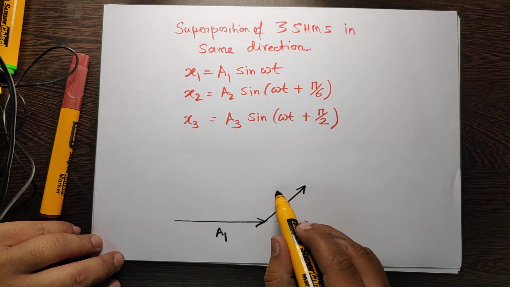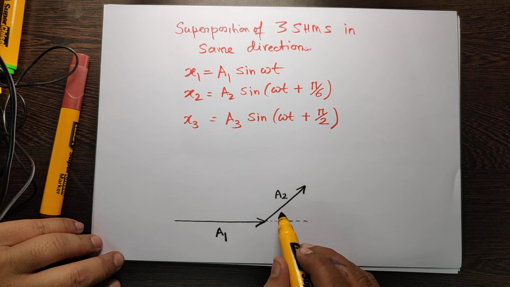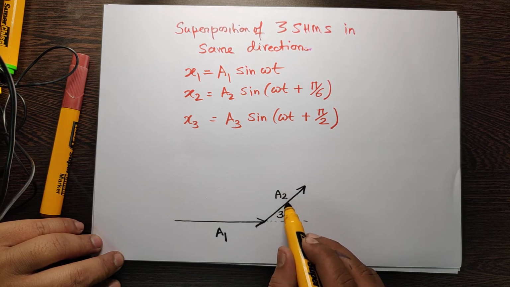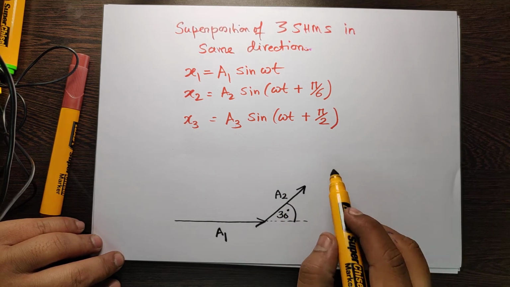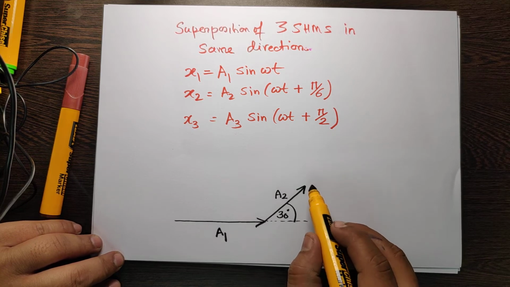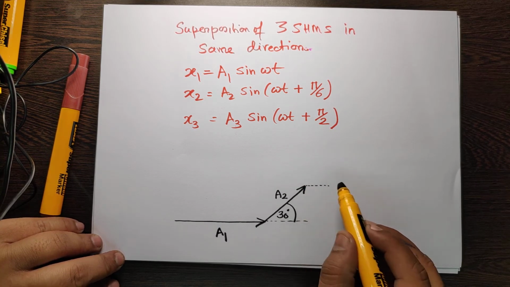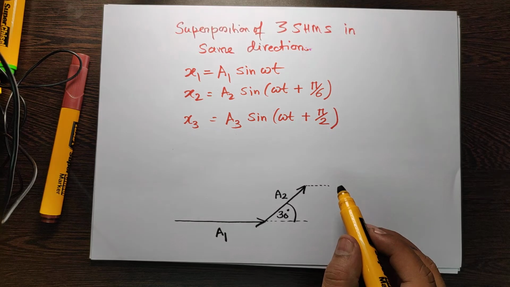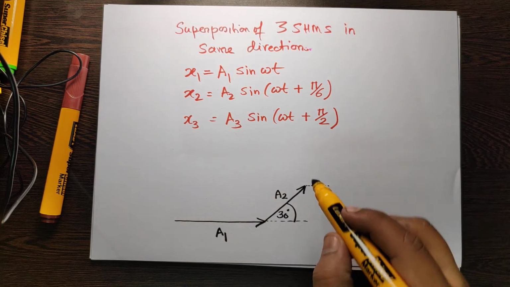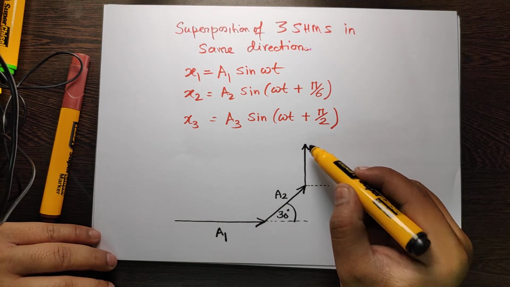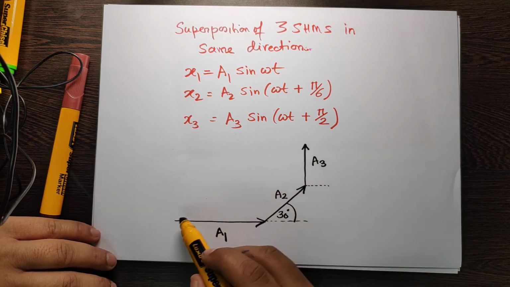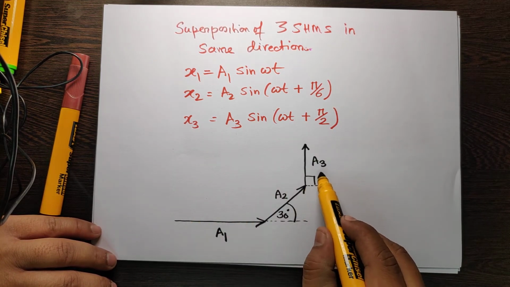So there it goes, A2 at 30 degrees or pi by 6, and A3 goes at pi by 2, that is 90 degrees.